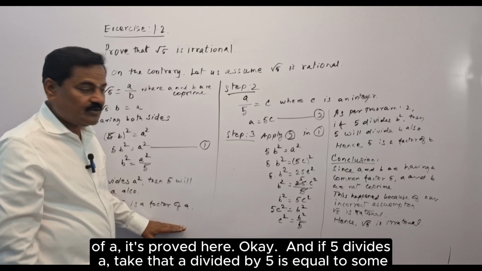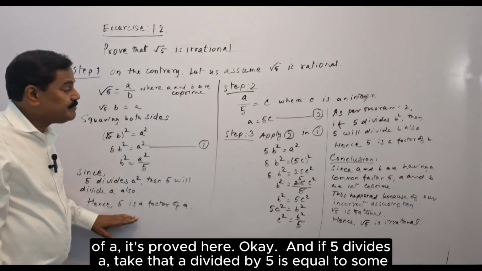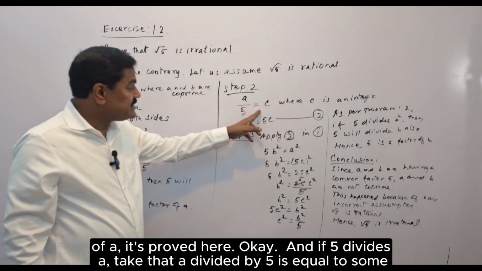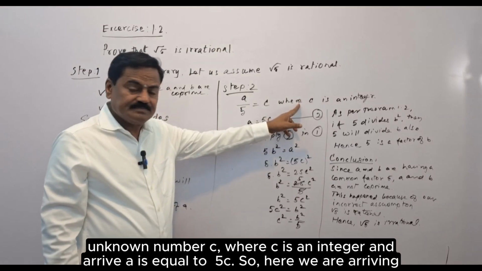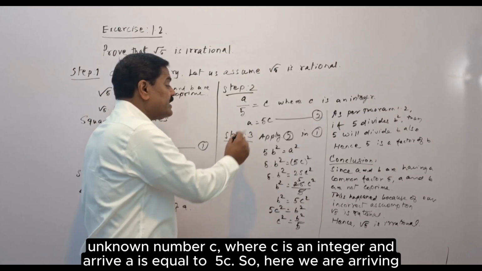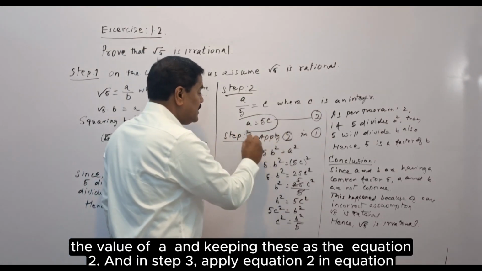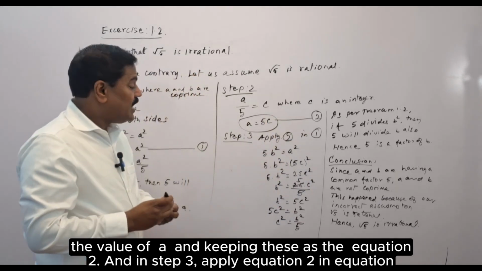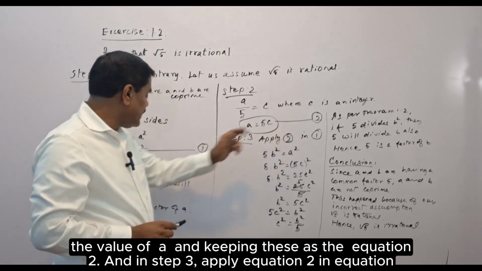If 5 divides a, take a divided by 5 is equal to some unknown number c, where c is an integer, and arrive at a is equal to 5c. Keep this as equation 2. In step 3, apply equation 2 in equation 1.